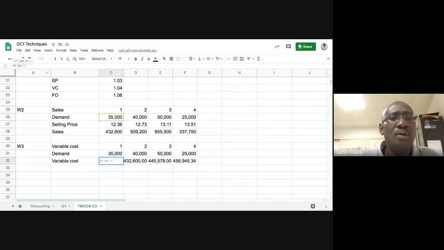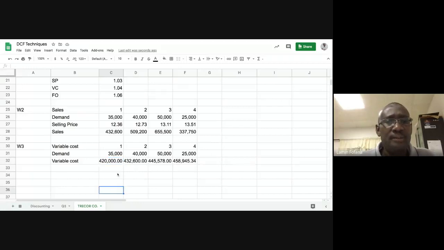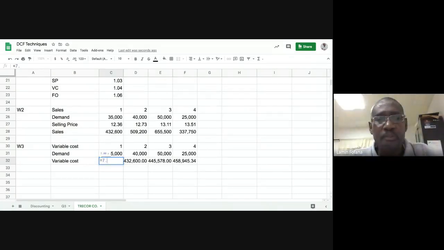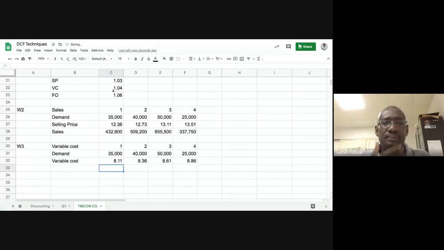7.8 multiplied by, let me just do the formula all together. I'll just say equals, the variable cost in year 0 is 7.8. Okay? Multiplied by the increment, which is 1.04. Okay? So once you do that, look at it, everything else changes.